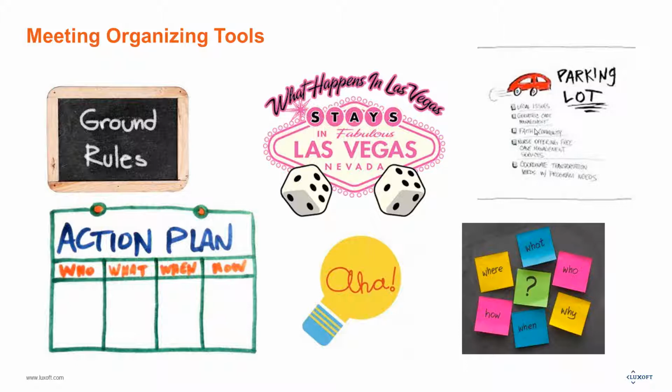But if some risks appear, you will need to know how to make this integration, and you can write it as a parking lot item, and then after the meeting you will go with the meeting participants through all the parking lot issues and decide what to do with them.